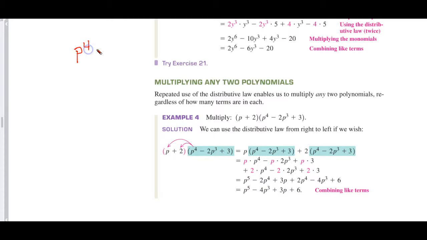P to the fourth minus 2p to the third plus 3, and then underneath it, you're going to put p plus 2, and you're going to multiply. Now you get the same thing, except you get the like terms lined up vertically, and then you can add them very well. Again, some of these can be confusing, so you want to develop a technique that you get the right answer.